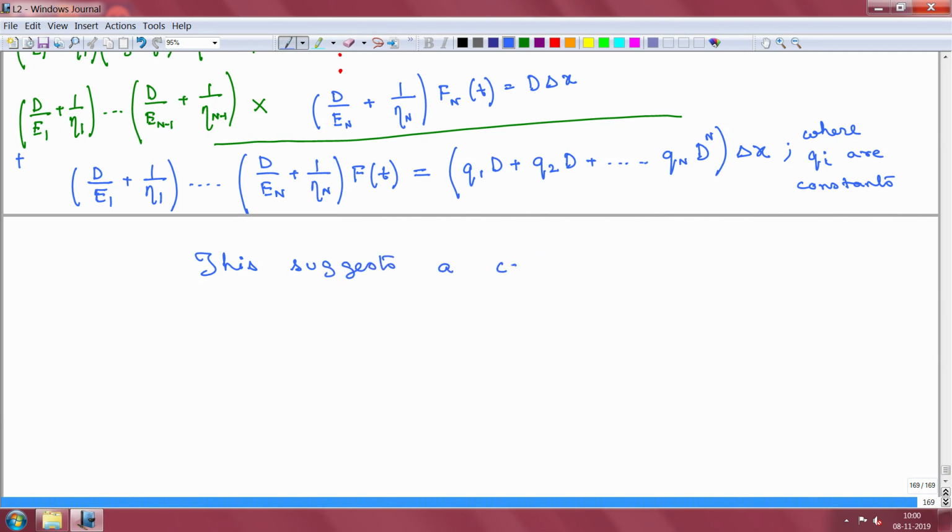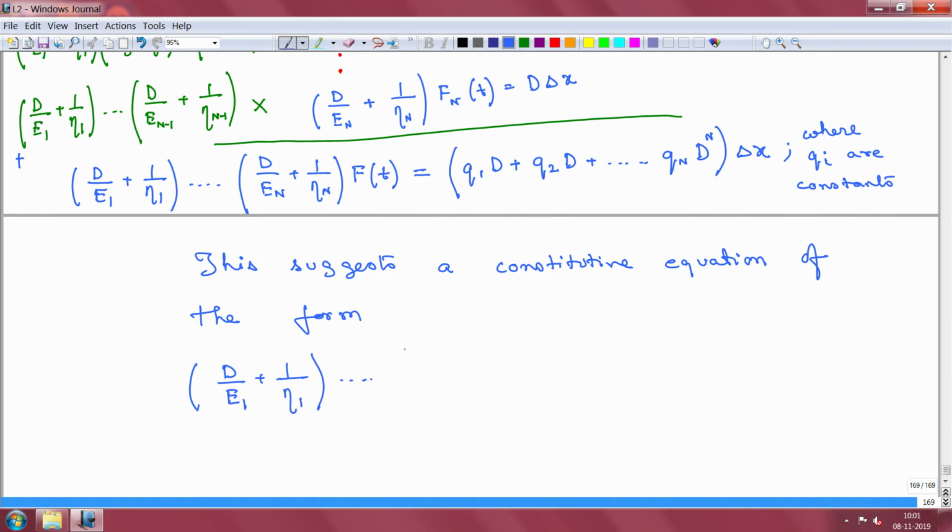a constitutive equation of the form: D by E1 is 1 by 1 multiplied with all these different multipliers till the nth multiplier, sigma, equal to this q1 D plus, and this goes on.